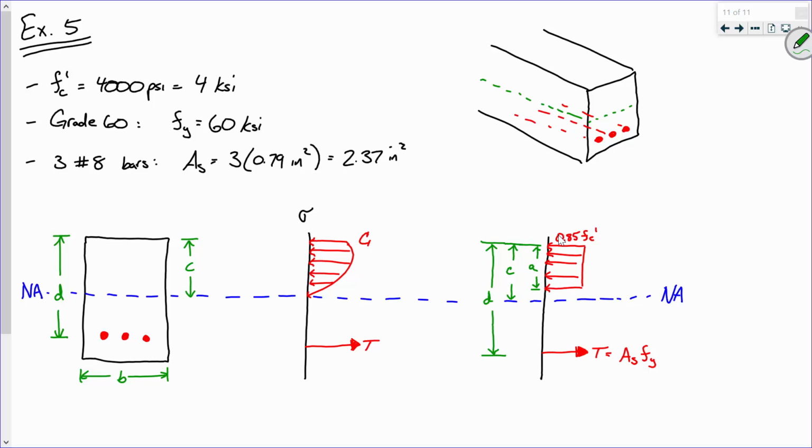You think it'll pass? Good enough for government work. There we go. I like it. Okay. Now, how would I compute the compressive force? For the tensile force, it was the area times Fy. So you tell me, how would I compute the force in compression?